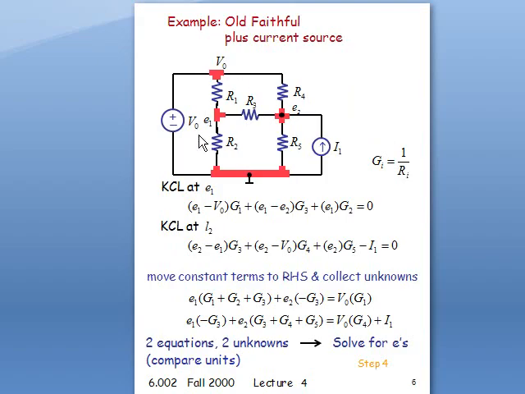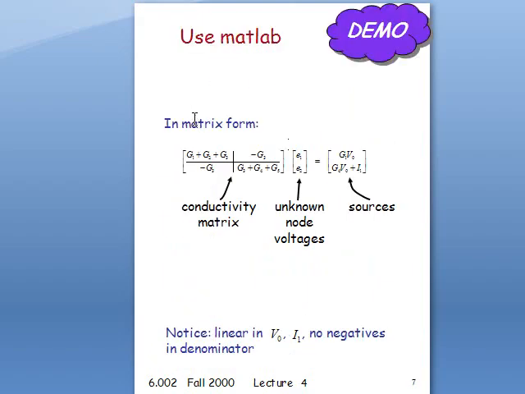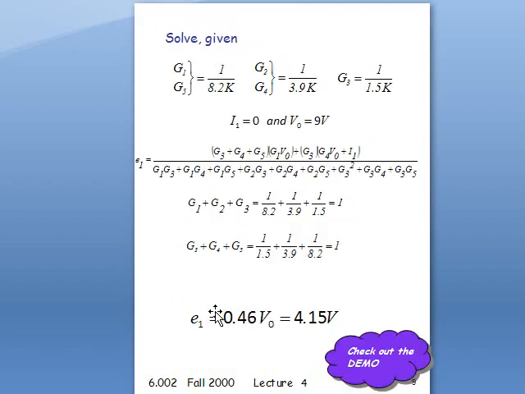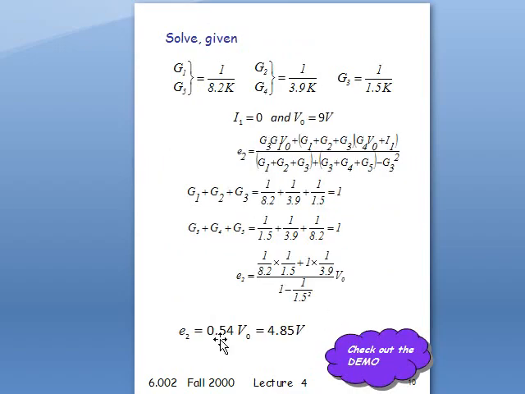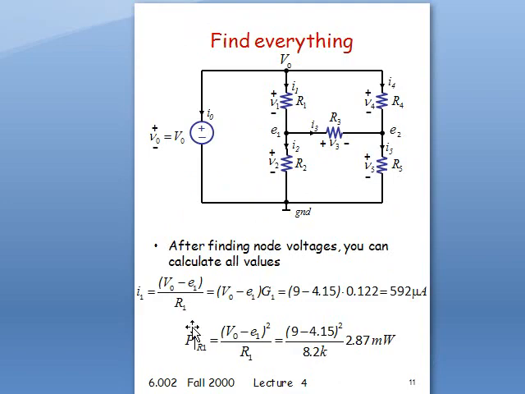We have made the calculations, and the result was E1 is 4.15 volts, E2 is 4.85 volts, and we have calculated some other values, for example I1, the current on R1, and the power dissipated by resistor 1.